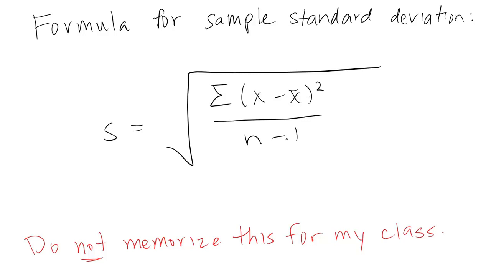Divide that sum by 1 less than the sample size, n minus 1, and then take the square root of the result. So just to say this all at once, the sample standard deviation is the square root of the quotient of the sum of the squares of the deviations from the mean, and 1 less than the sample size. That makes it sound a lot more complicated than it actually is.